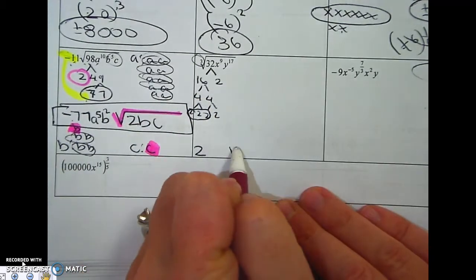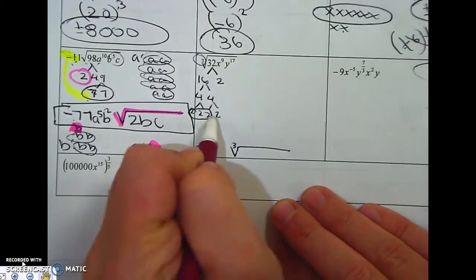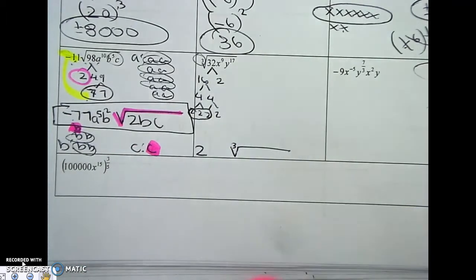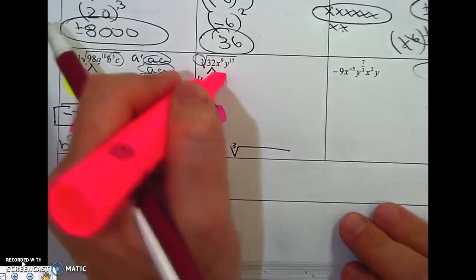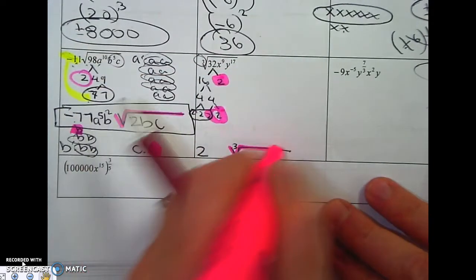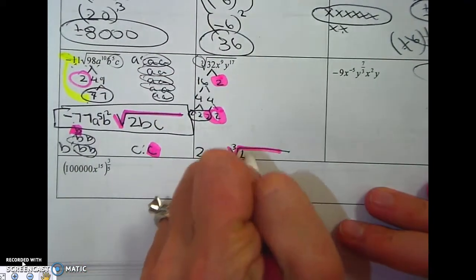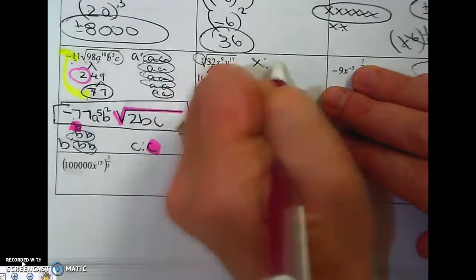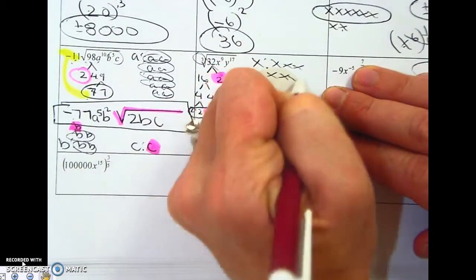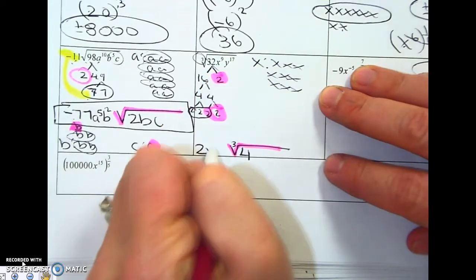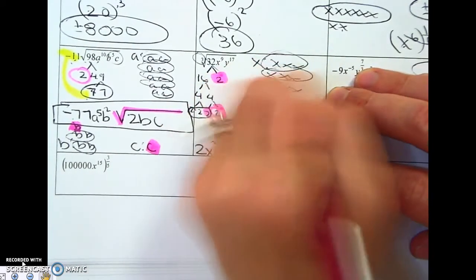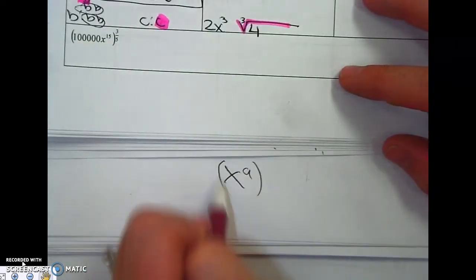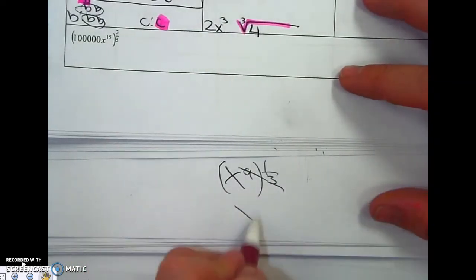I'm going to leave some space here, do a cube root, but I'm still left with this 2 and this 2. And 2 times 2 is 4. So that took care of the numbers. Done. For the x's, piles of 3. 1, 2, 3, 4, 5, 6, 7, 8, 9. So I have 3 piles, nothing left over. If you want to write it as x to the 9th to the 1/3, there's x cubed.